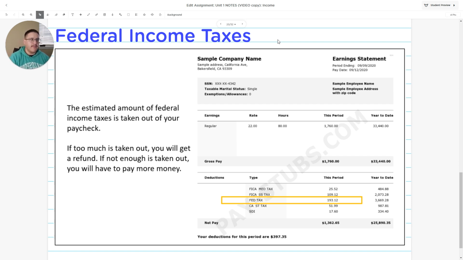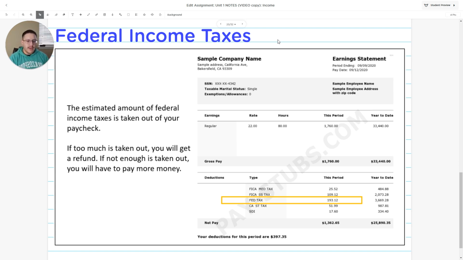All that will get factored in, and you'll have to pay that to the federal government. Usually your employer will take into account your status and take out that amount and give it to the federal government, so you don't have to worry about it too much.